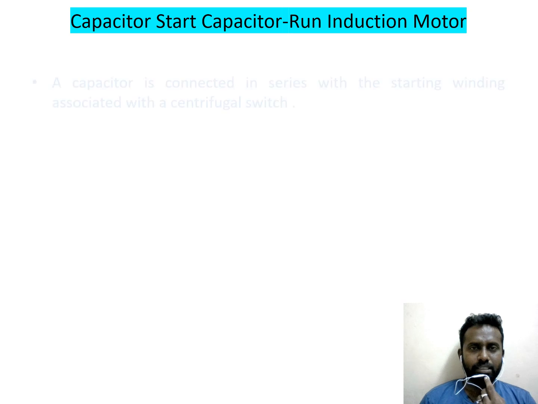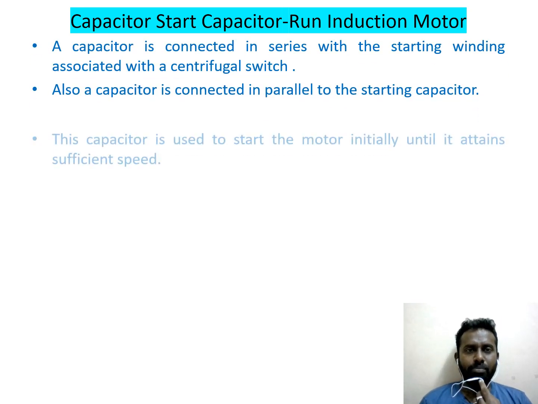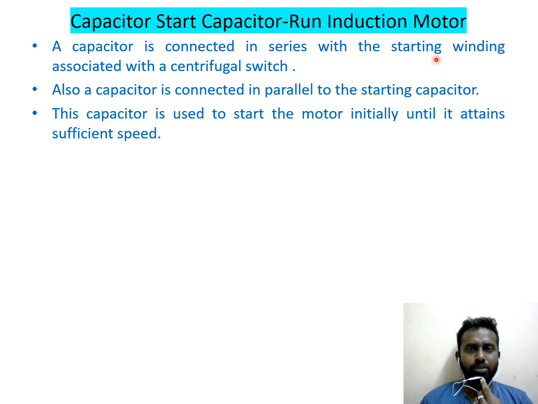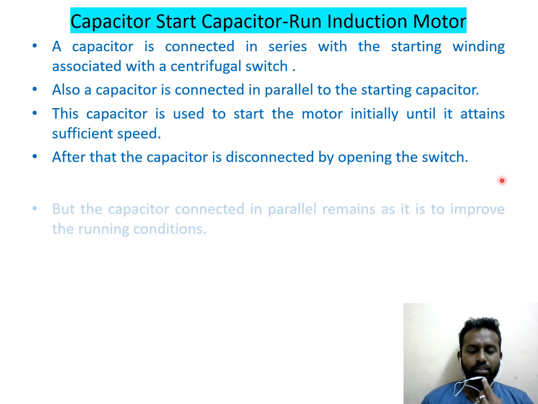Third type, capacitor start, capacitor run induction motor. A capacitor is connected in series with the starting winding associated with the centrifugal switch, as in the previous case. Also, a capacitor is connected in parallel to the starting capacitor. This capacitor is used to start the motor initially until it attains sufficient speed. After that, the capacitor is disconnected by opening the switch.